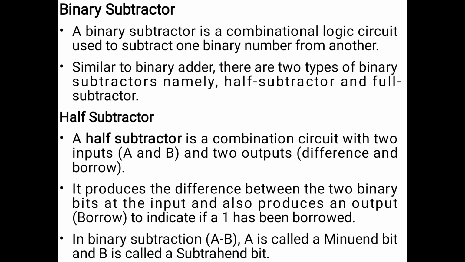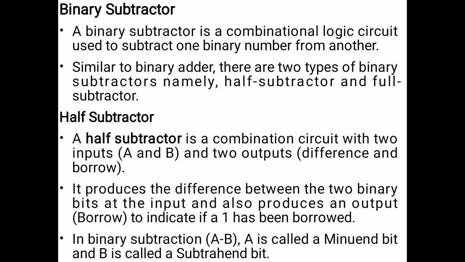Binary subtractor. Binary subtractor is a combinational logic circuit that is used to subtract one binary number from another. Similar to binary adder, there are two types of binary subtractors, namely half subtractor and full subtractor. A half subtractor is a combinational circuit with two inputs A and B and two outputs, that is difference and borrow.